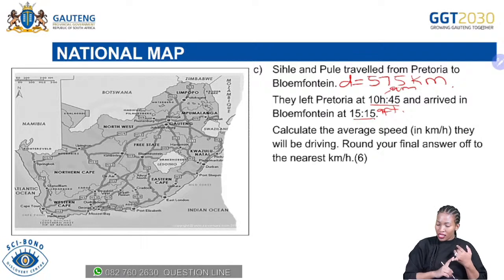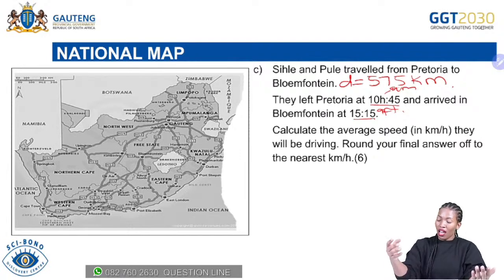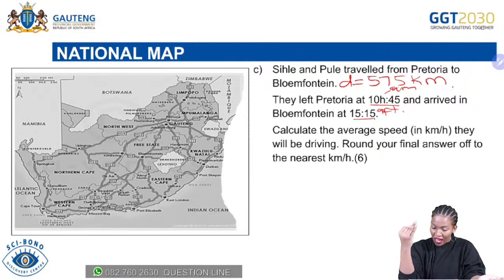We've got our distance. They want us to calculate the speed, but do we have time? Not really. The only thing that we know is the time that they left from Pretoria and the time that they arrived. So they left at 10:45. You can count using your fingers. From 10:45, it is 11:45, 12:45, 1:45, 2:45.